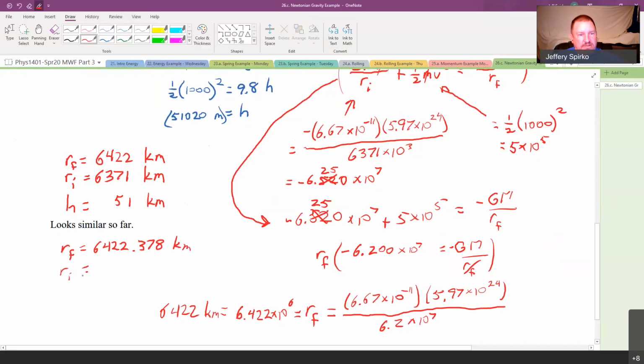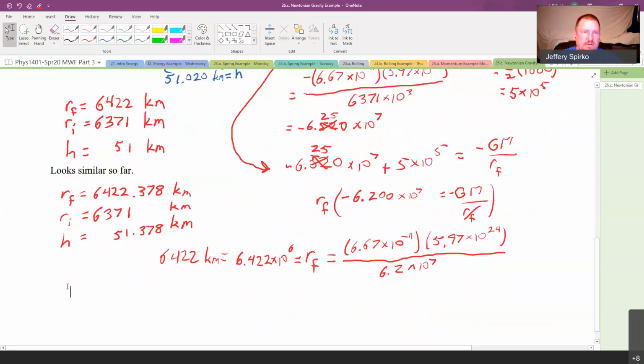Our initial was 6371 kilometers. So that means H is 51.378 kilometers. And before, using the original method, we had 51.020 kilometers. So we see that the answers are different by about 1%.